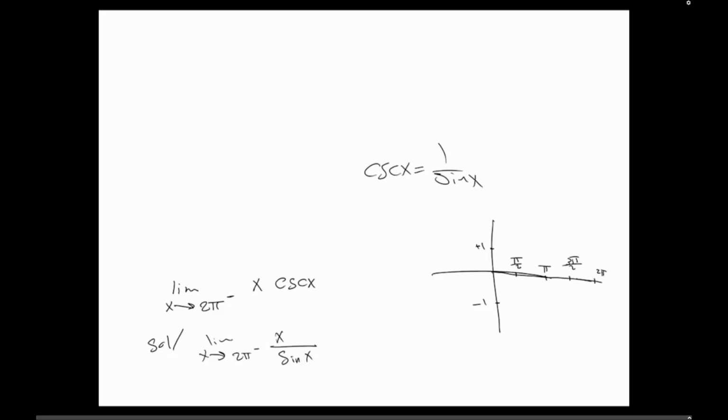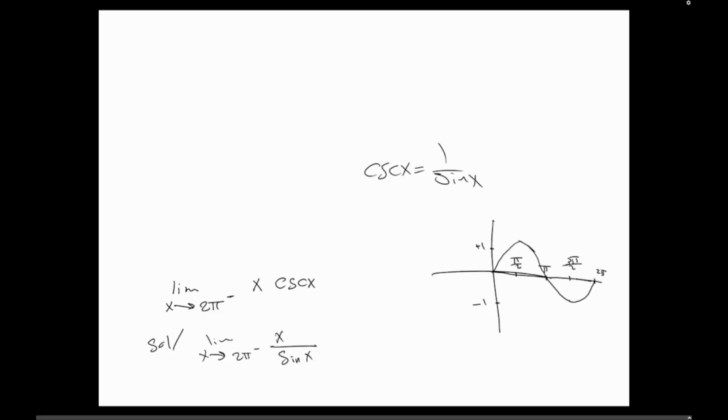And as you know, at 0, sine 0 is 0, at 90 is 1, at 180 is 0, and at 270 it is minus 1, or negative 1. And this is our picture for the sine.